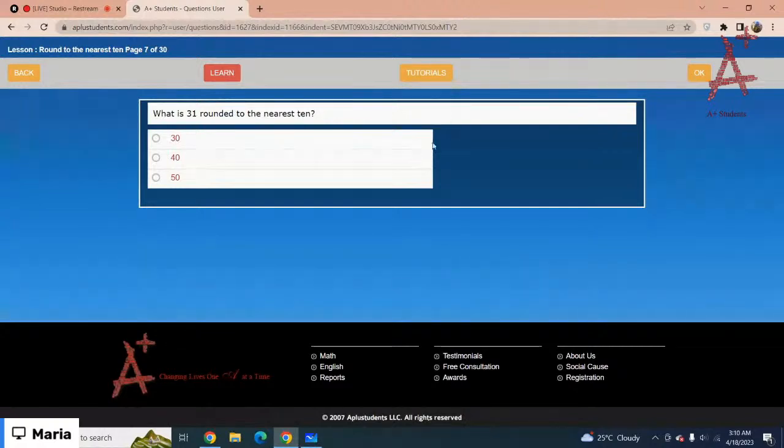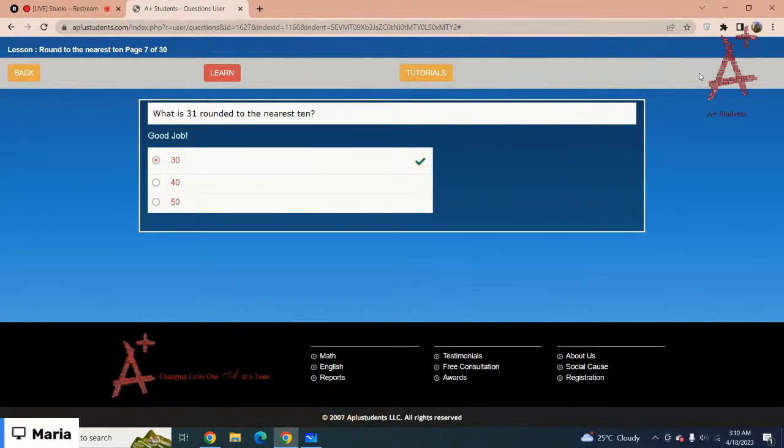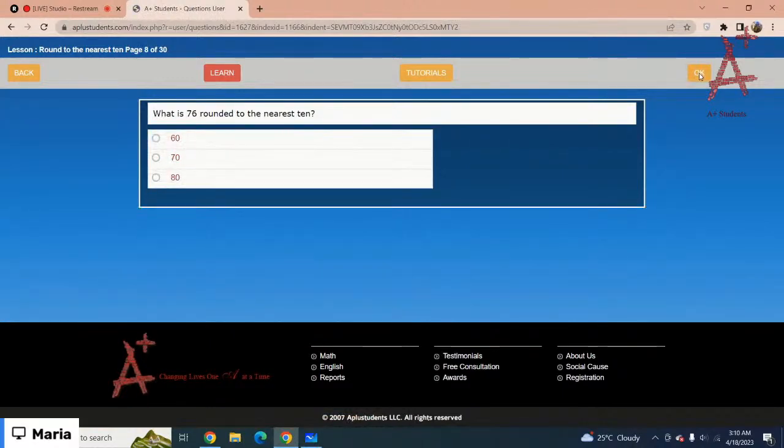Got it? No, not 40. How? 31 is rounded to 30. Yes, 31 is rounded to 30.